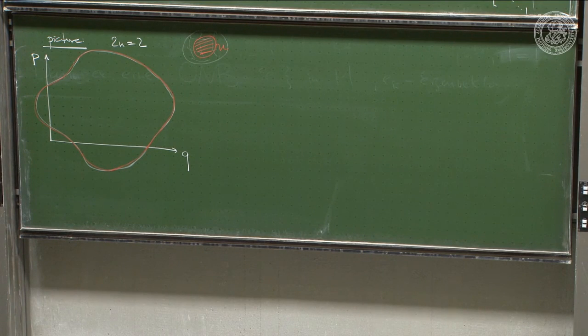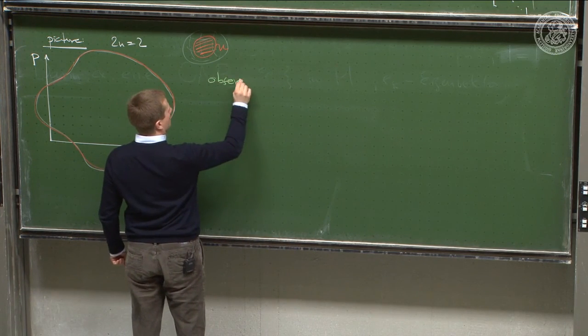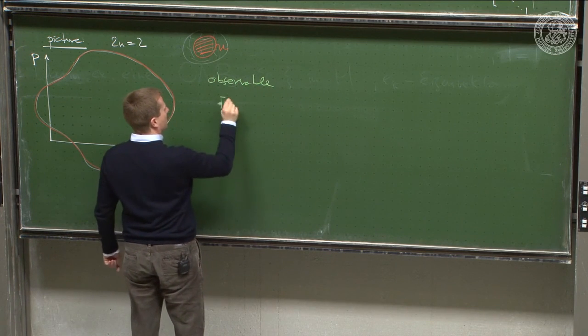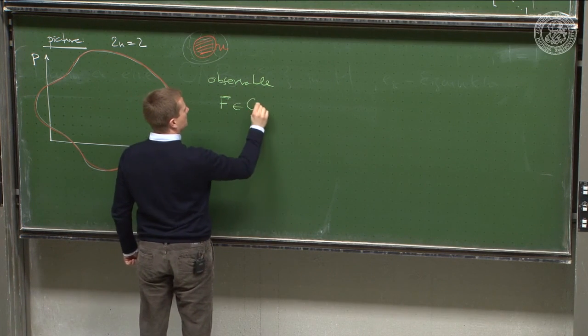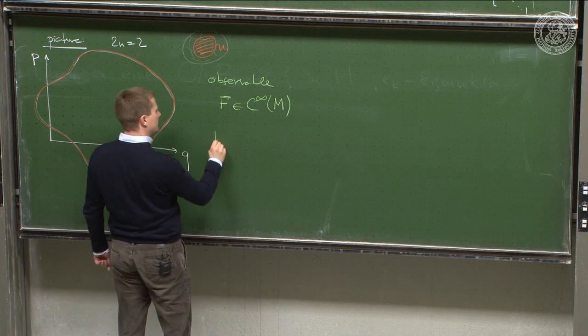Okay, so we have this, and now assume we have an observable f. What is an observable? An observable is a smooth function on this manifold. So in particular, I can look at the level sets.